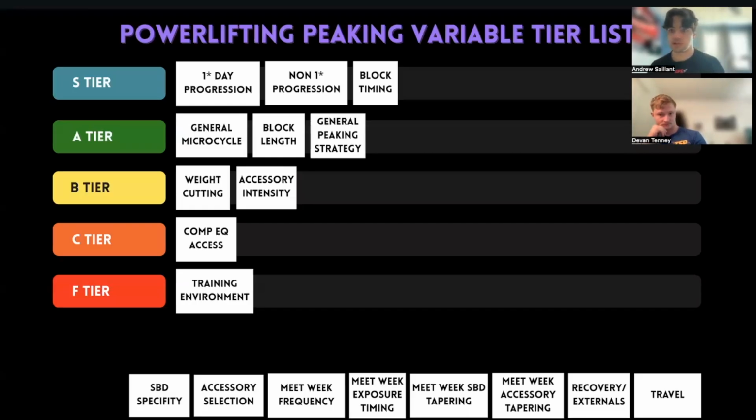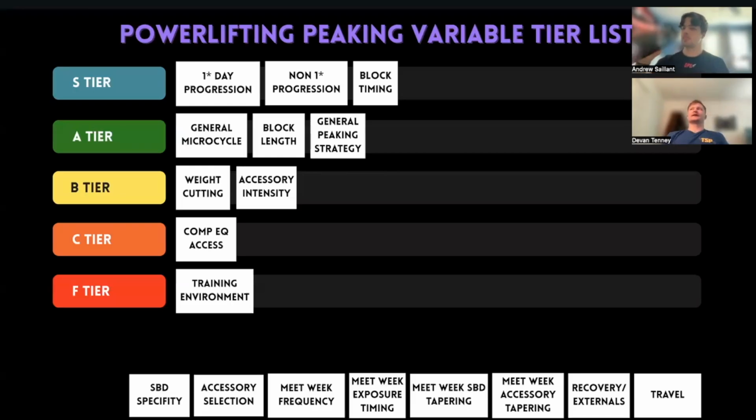And then when we're approaching a meet, I'll bring it back to a flat bench and keep the prescription pretty much the same, but make it a little bit more specific. I think overall that really doesn't do any harm. So it's definitely an important thing to consider, but it's maybe top of B tier, in my opinion. Yeah, I think it is very important.